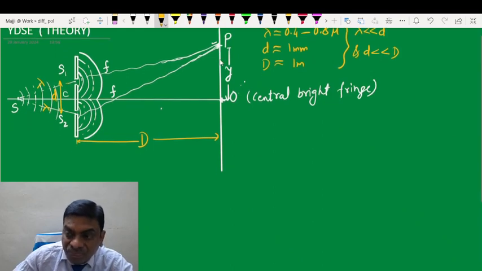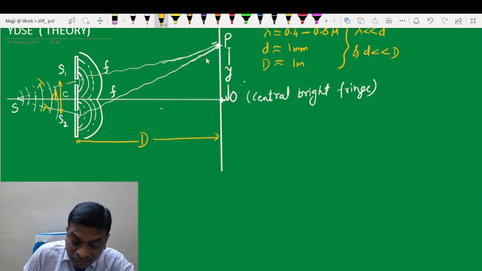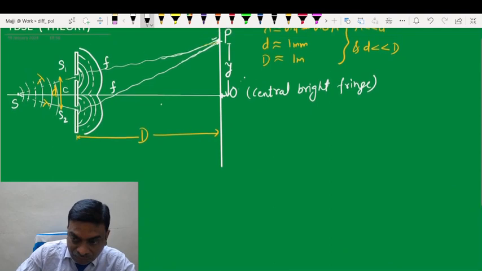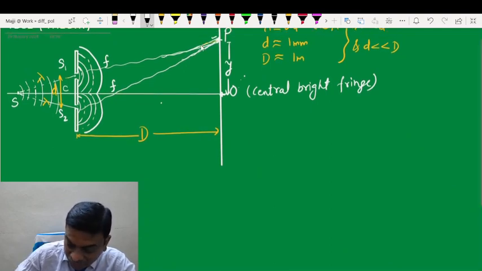So for that, you know that the resultant intensity will be dependent on the path difference or phase difference, because both are interlinked with each other. Okay, so let us first decide the path difference between them.